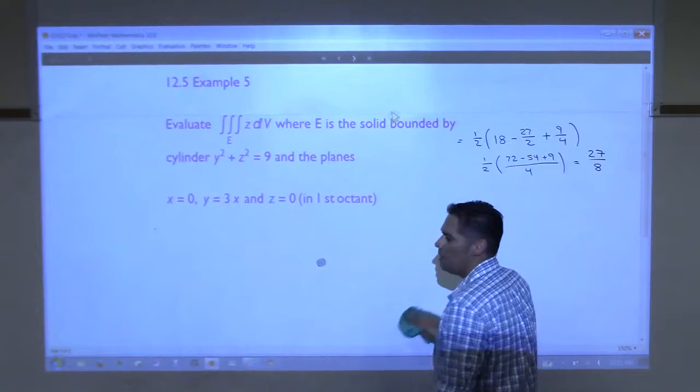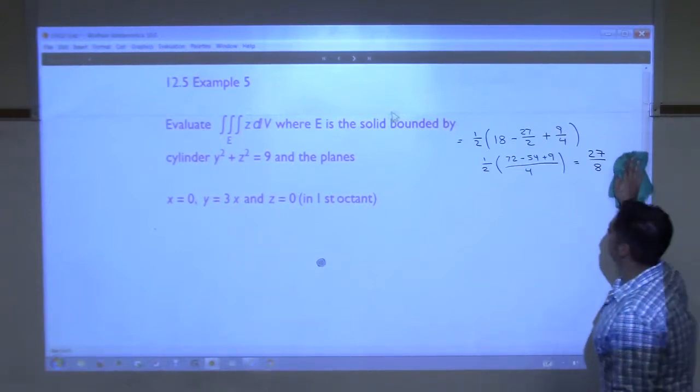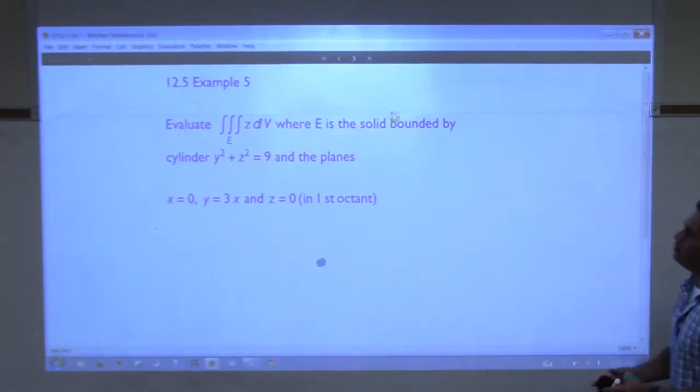We said that when you do double integrals, you're really trying to find volume between two surfaces, but when we do triple integrals, we can't talk about volume anymore. So, all right, moving on.